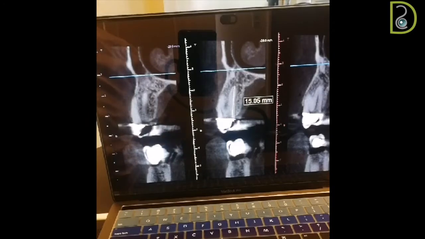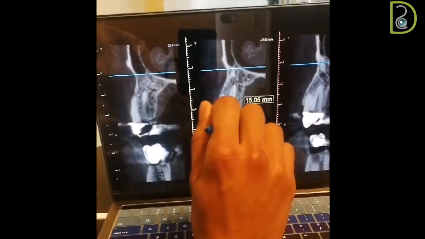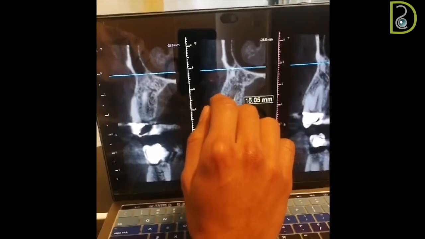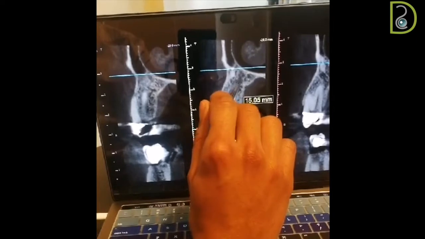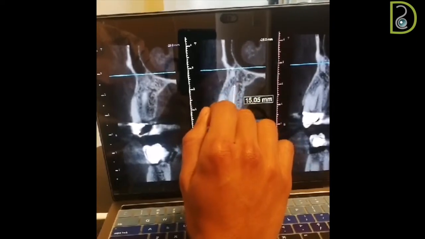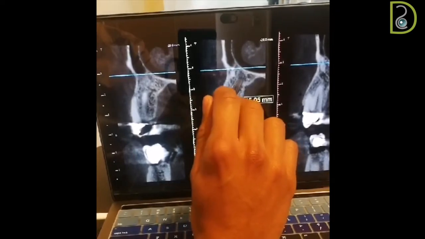And the reason behind that, okay, so we have, for example, here a 15 millimeter root, and I need at least 3 to 4 millimeters to engage my implant, so I can end up with good stability. So definitely I will use between a 14 to 16 millimeter implant.